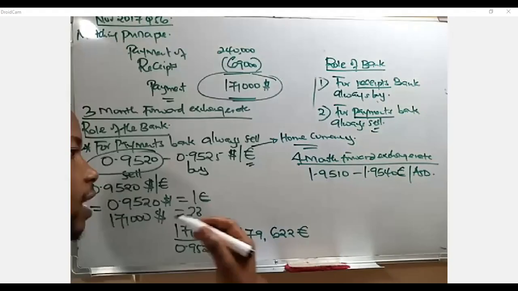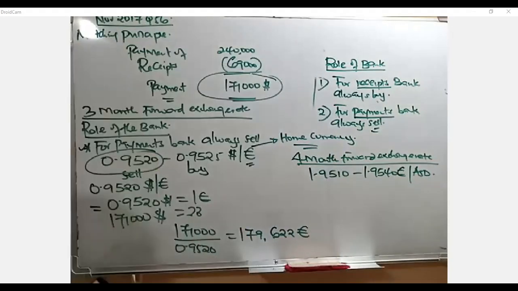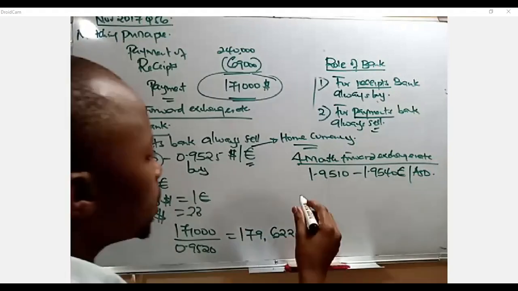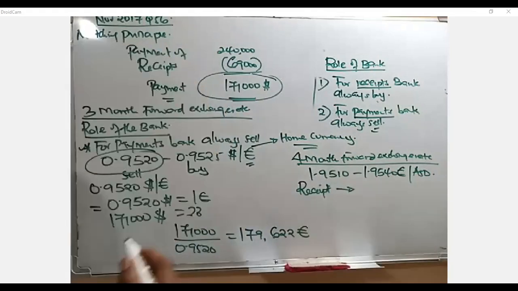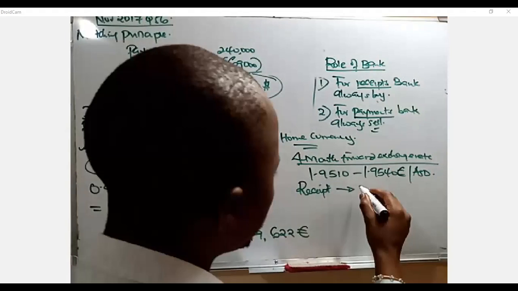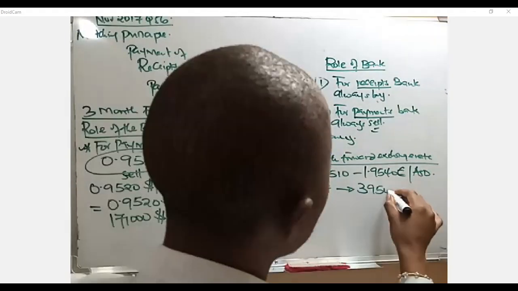So you ask yourself, what kind of business is going on? It means Jackie Limited has a receipt because they have invoiced. When you invoice, it means it is money you expect, a receipt, and they are expecting to receive 395,000 ASD.